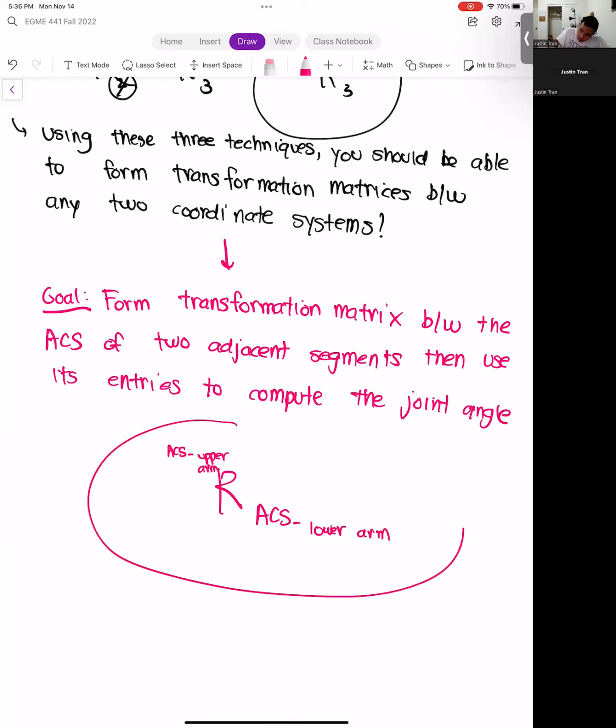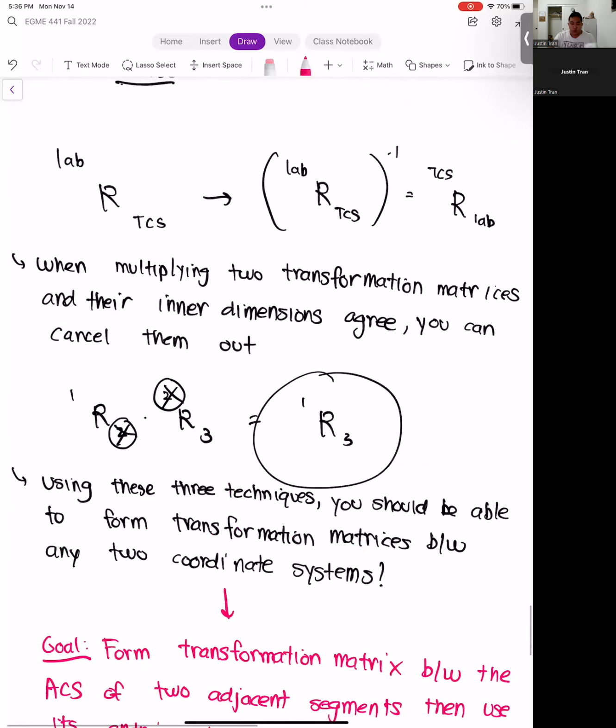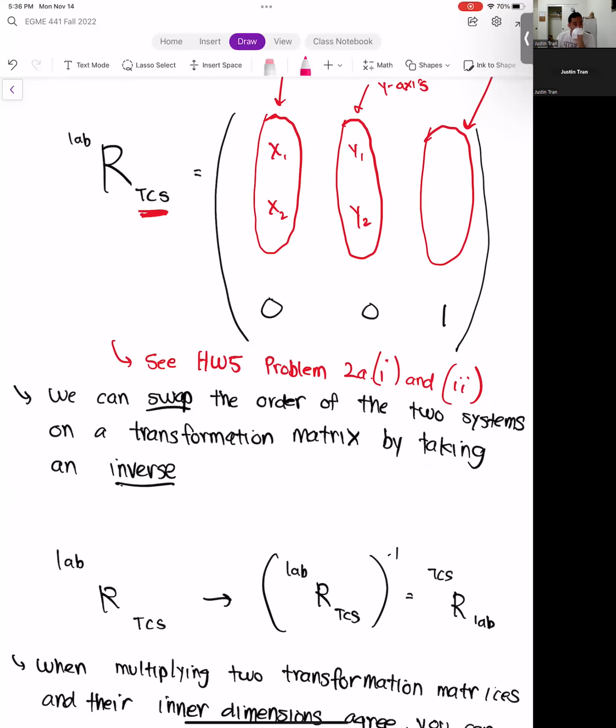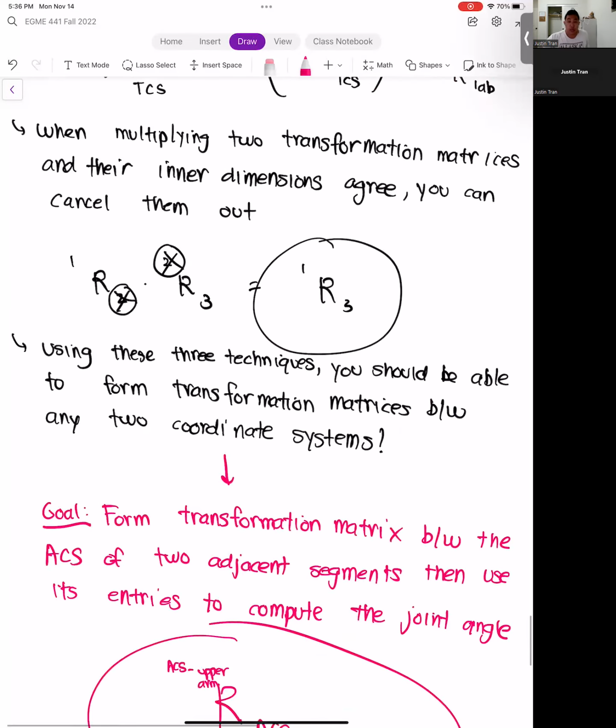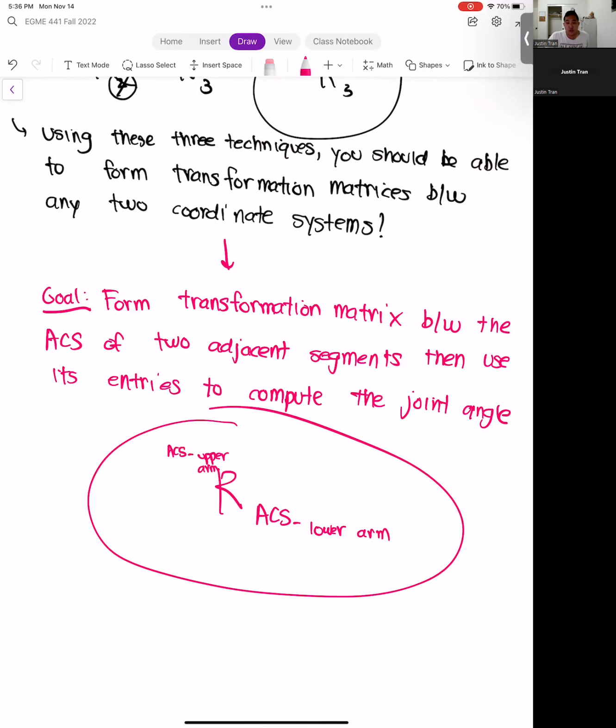And so this is usually not going to be given to you right away. You're going to have to perform all three of these kinds of operations in order to form this transformation matrix here. And then once you have that transformation matrix, you can use its entries to compute the relevant angles.